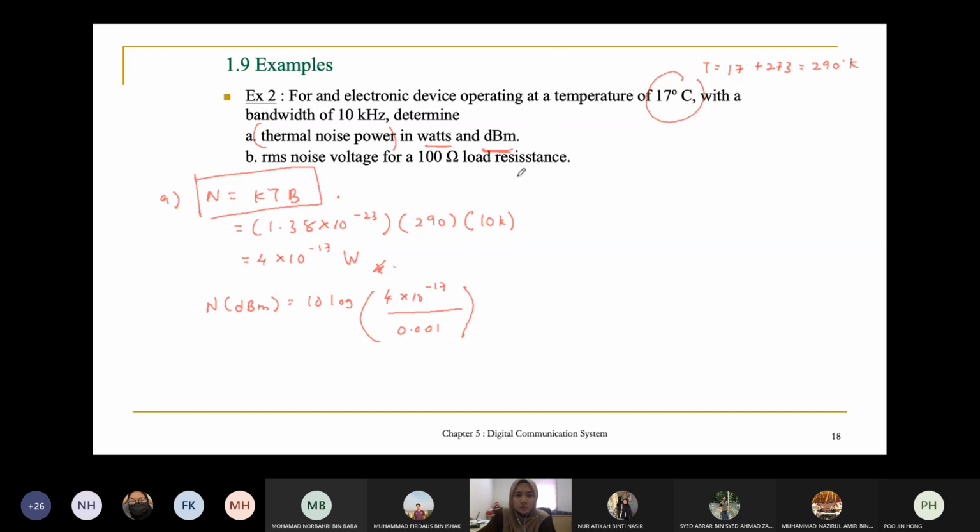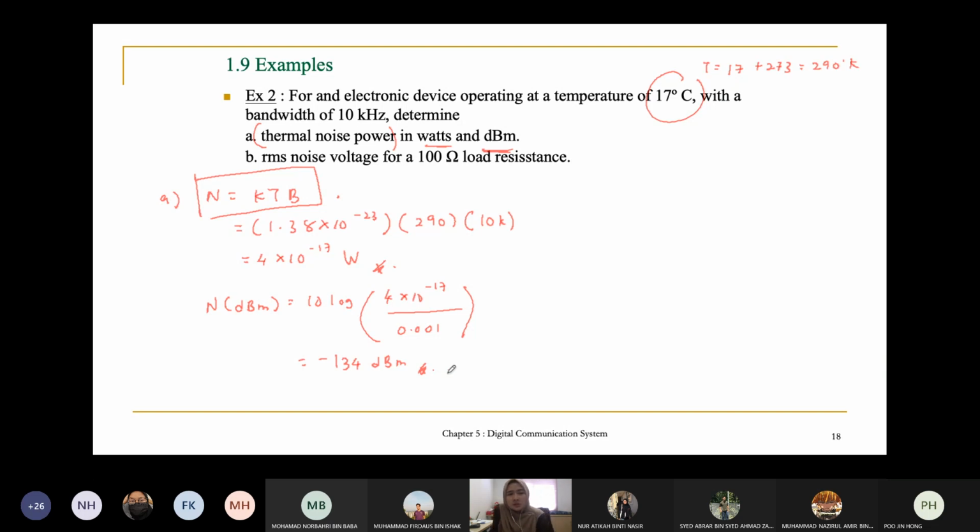Okay, so you should get negative 134. This one is in dBm. But if the question asks you to calculate the thermal noise power in decibel, dB, you just need to multiply with 10 log.